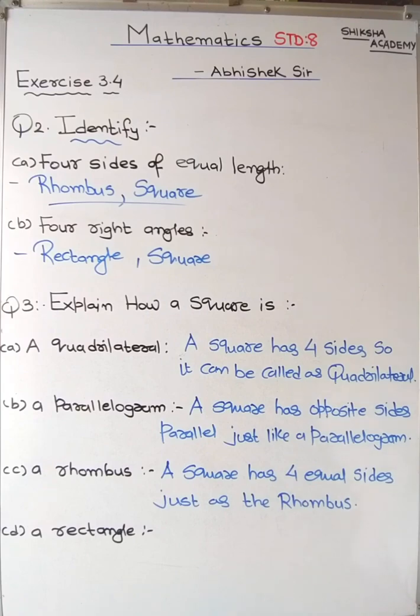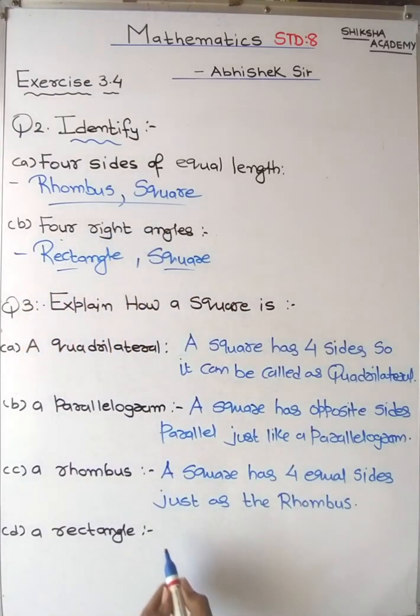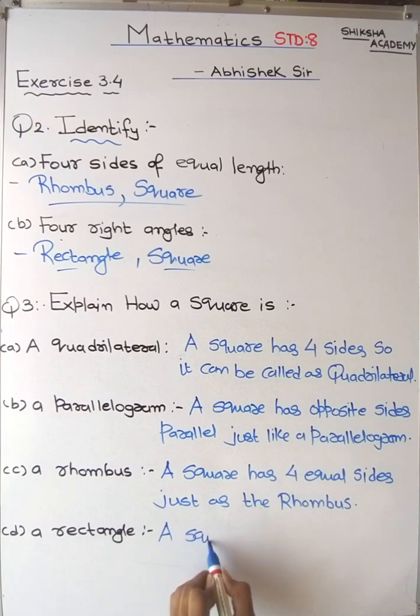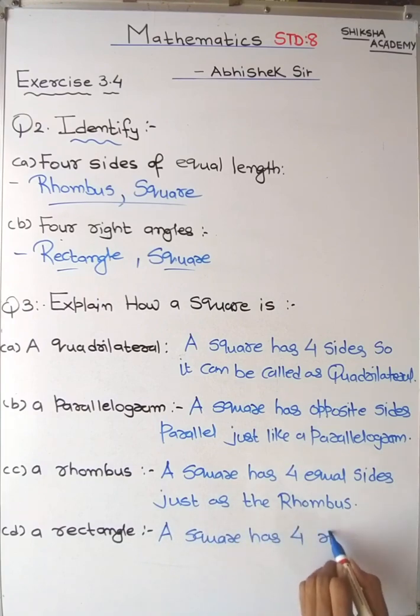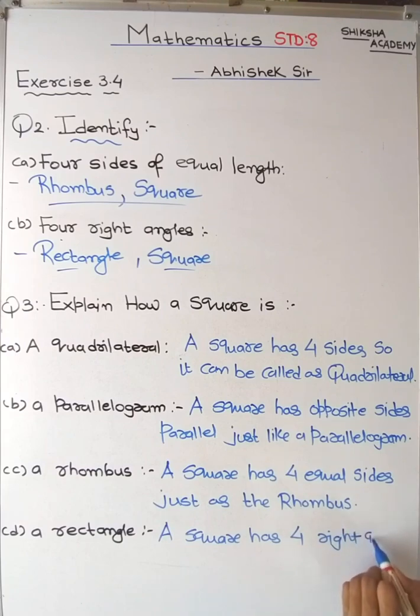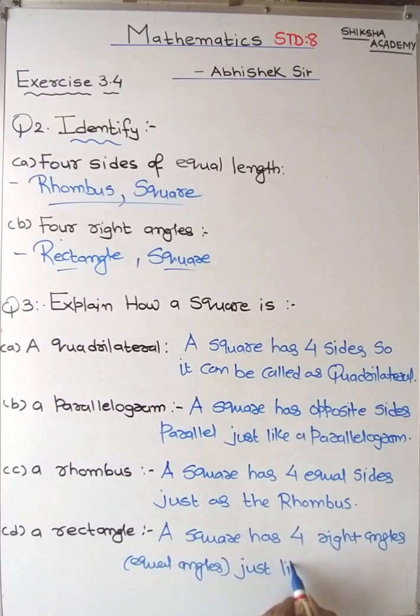And lastly, how can a square be like a rectangle? So again, 4 right angles, square and rectangle. So a square has 4 right angles or equal angles, just like a rectangle.